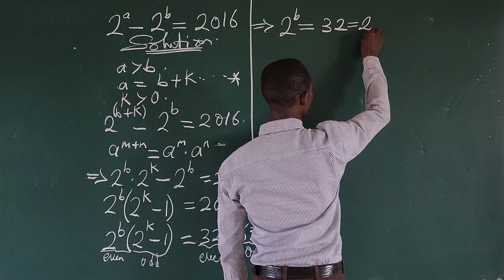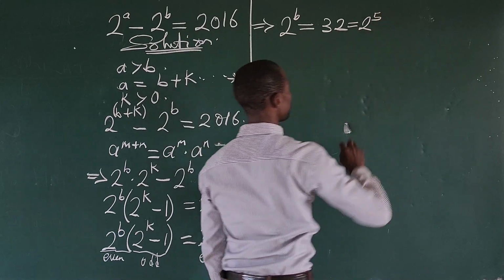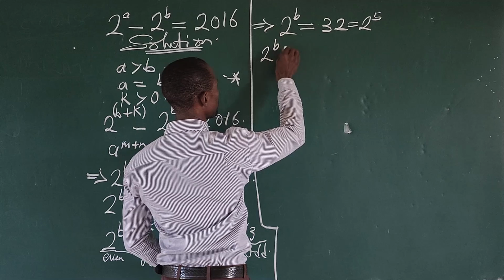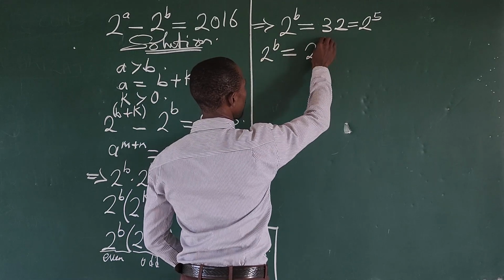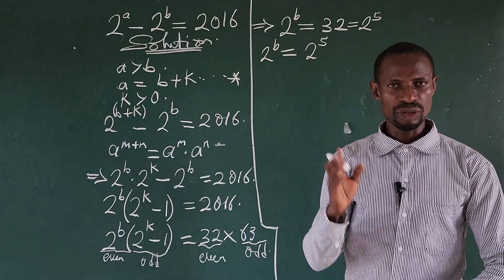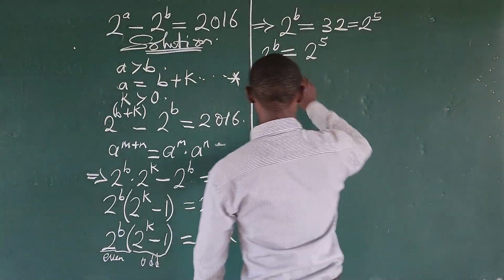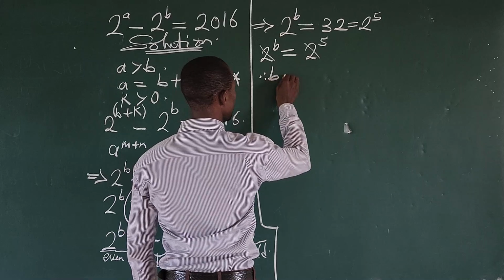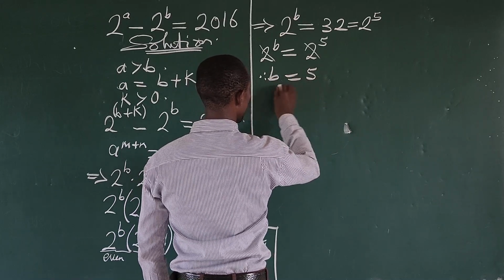So we have 2 to the power of b equals 2 to the power of 5. These bases are the same, so we can cancel out, and therefore b is equal to 5.